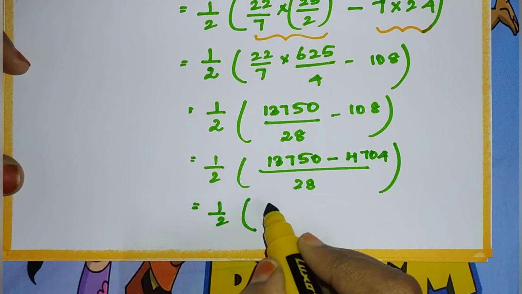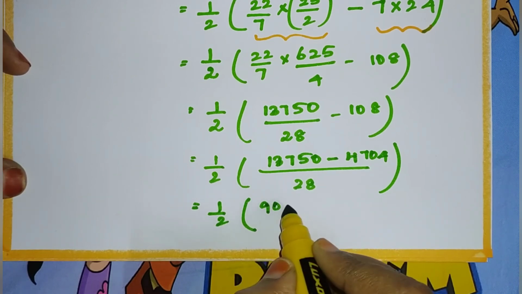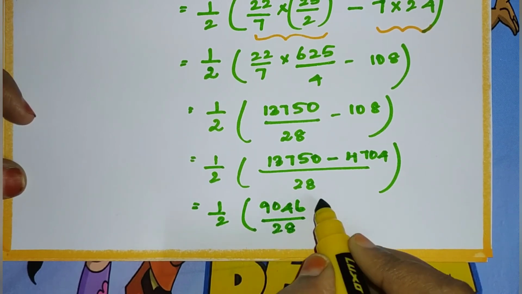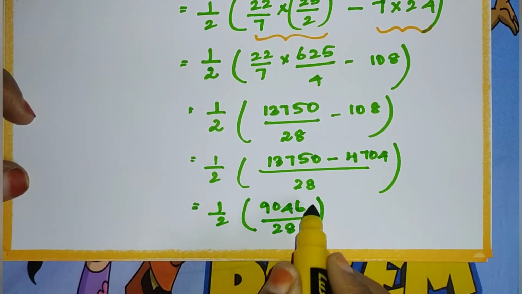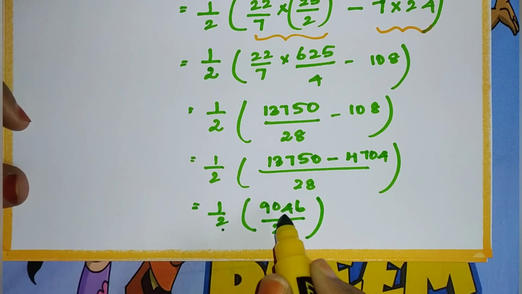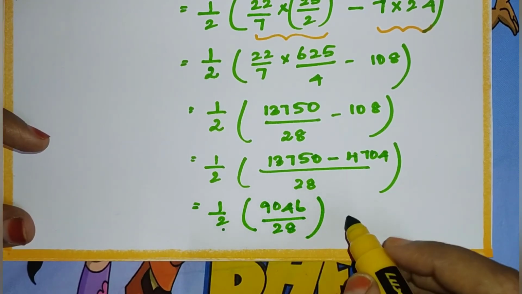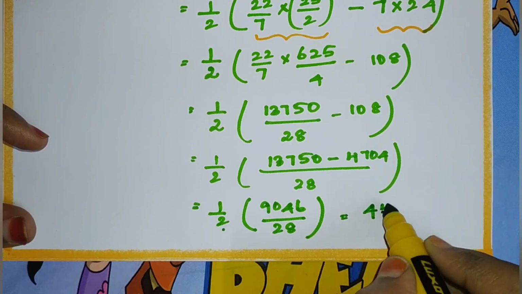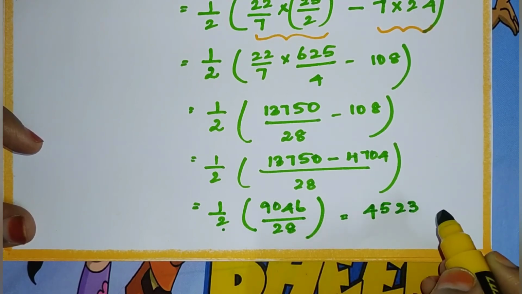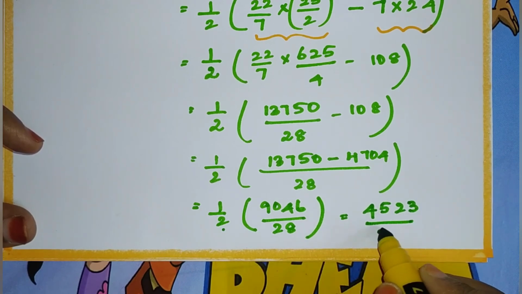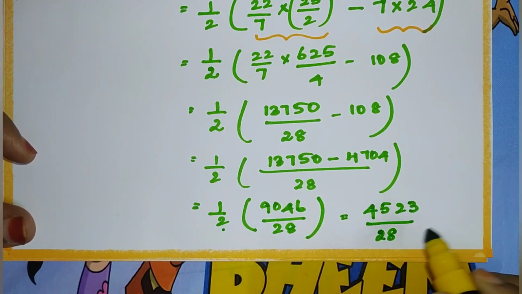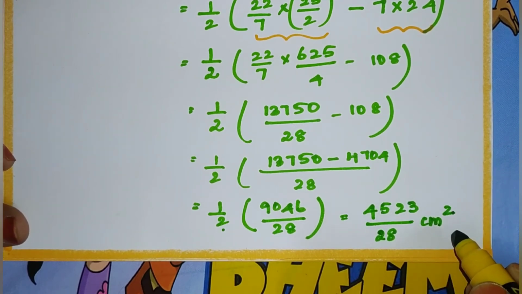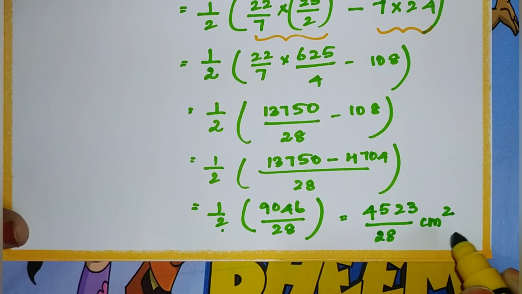If you subtract, you will get 9,046 divided by 28. So cancel this one, 2 and 9,046. If you cancel, you will get 4,523 divided by 28. This one you can't cancel, so keep this as it is and write centimeter square. You are finding area, so write centimeter square.